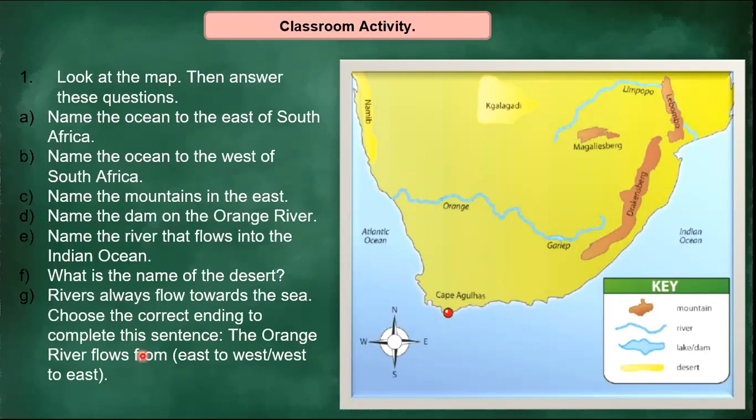You tell me. Ma'am, west to east. Let's look at the compass direction. West is this side. Here the Orange goes down, going to the east. That is mostly correct. Thank you very much again, Michaela.